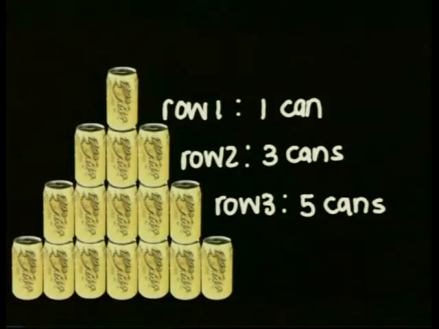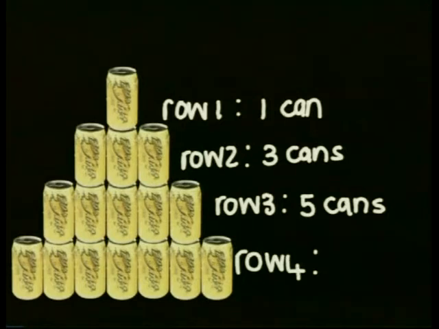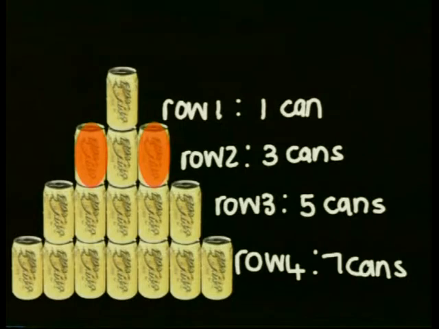I'm sure you can see a pattern already, but let's check the pattern by adding a 4th row. How many cans do you think are needed in the 4th row? You will need 7 cans in the 4th row. Can you see that we are adding 1 can to each side of the previous row?